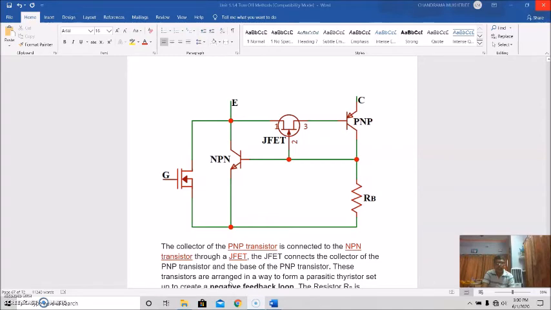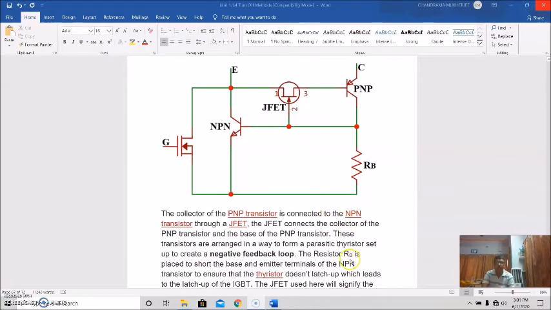Now, the collector of the PNP transistor is connected to the NPN transistor through this JFET. The JFET connects the collector of the PNP transistor and the base of the NPN transistor, and these transistors are arranged in such a way as to form a parasitic transistor setup to create a negative feedback loop.